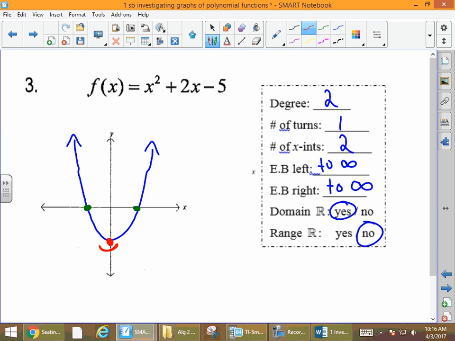So kind of where we turn, we've got the lowest point on the graph. So our range is going to be everything from this red point and above. Not asking us to define what that is, it's just asking us to identify whether we have a high or low point on the graph, which will mean that our range is going to be not all real numbers.